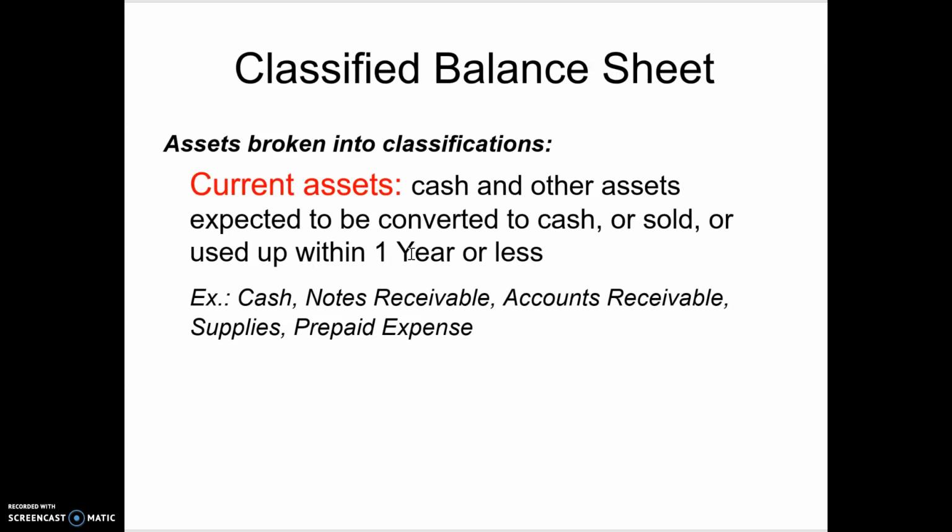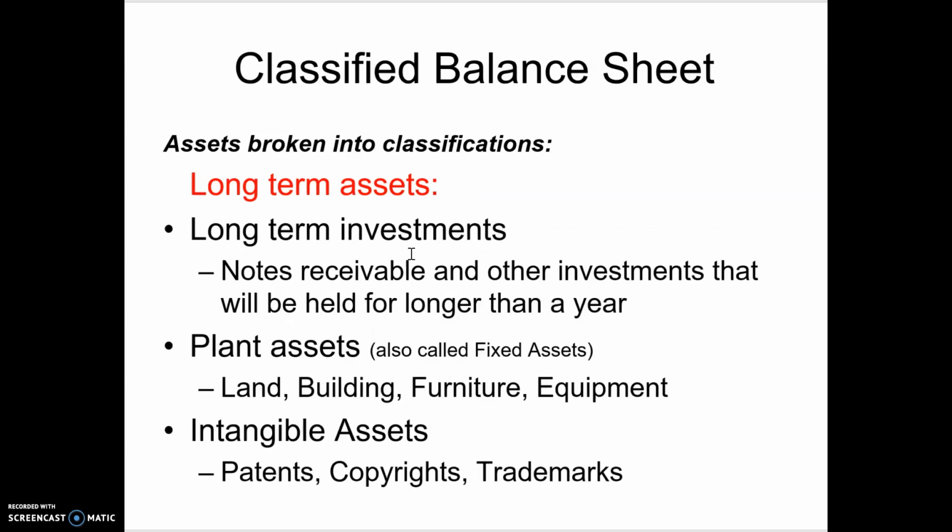Accounts receivable are typically short-term, 30 days, 60 days tops. Supplies are going to be used up within a year. Prepaid expenses are going to be used up within a year. So we're going to show all of those first, your current assets, and then list them all, come to your total current assets. And then we show our long-term assets.